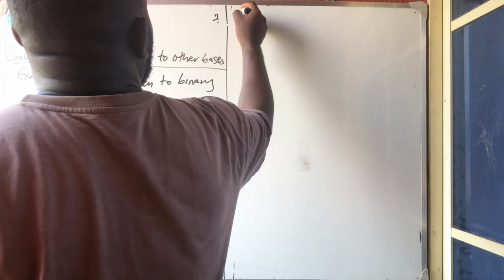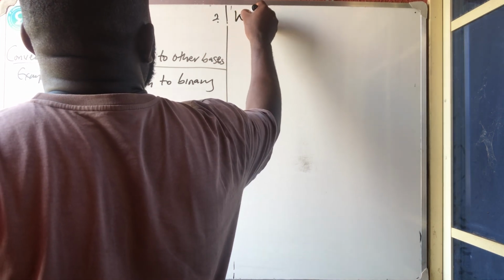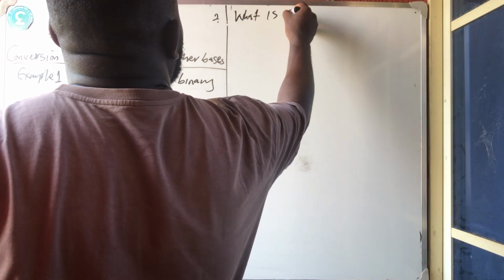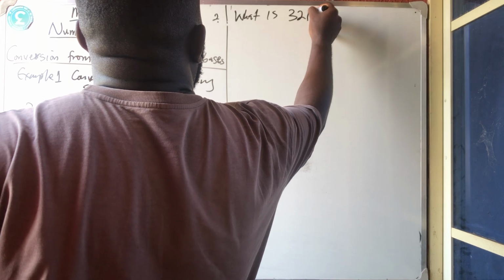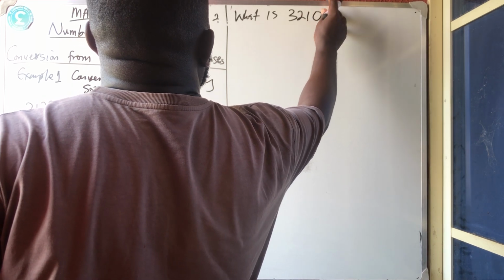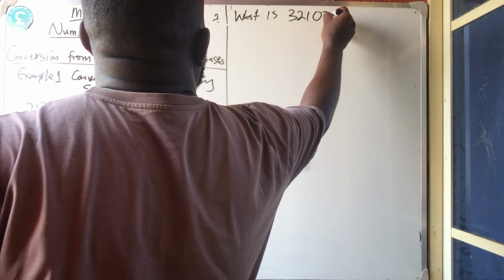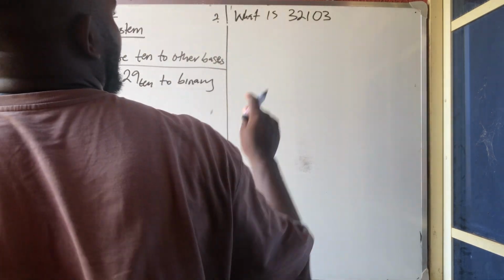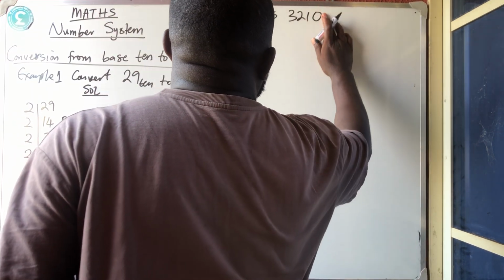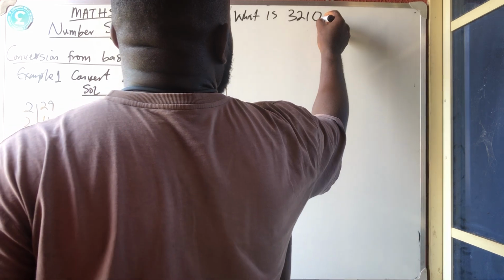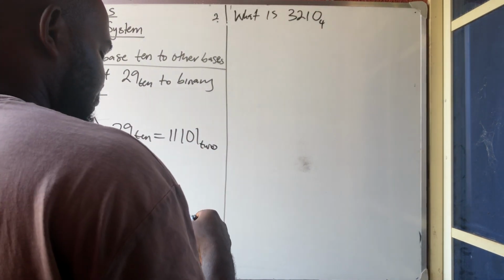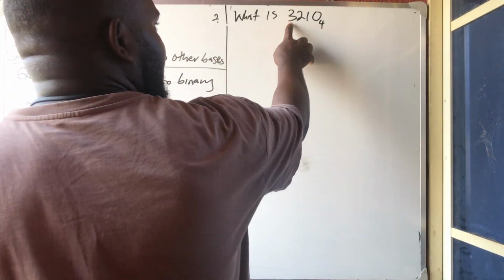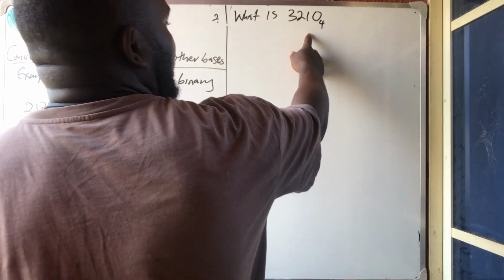Example 2. Let me say 3210 in base 4. Why is this thing in base 4? Because the highest number is 3. It cannot be in base 2. It cannot be in base 3.